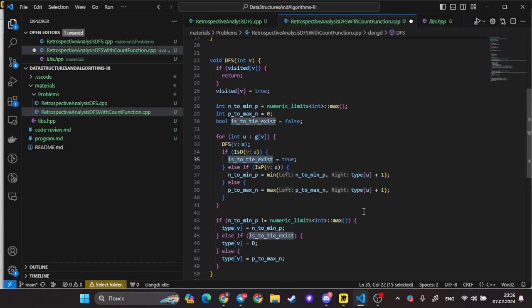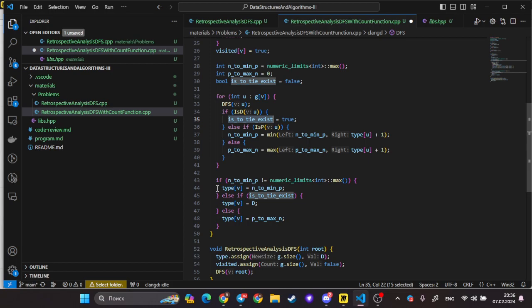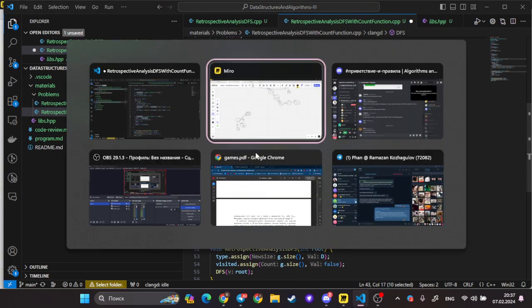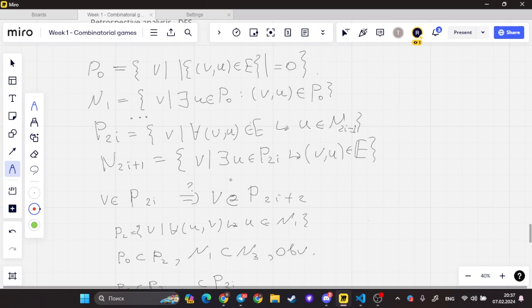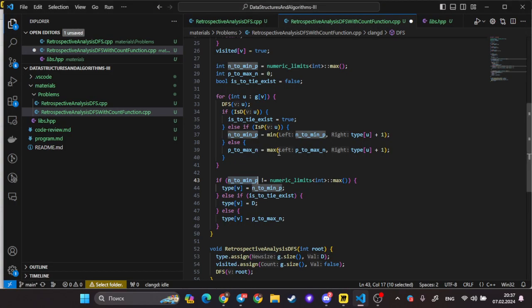So once again, if we find some p vertex, it means that this vertex is n plus 1. We take the minimum here.